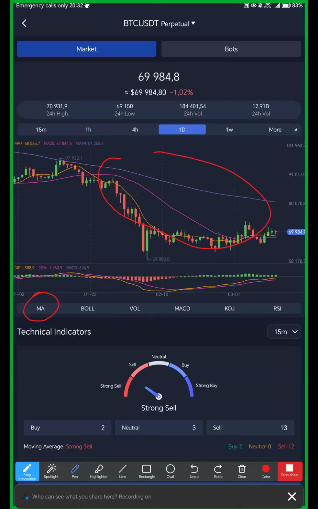Okay, so there are 3 moving averages here.